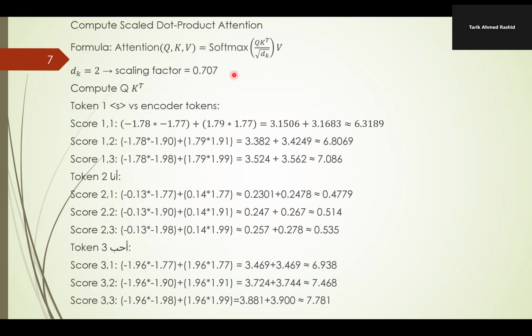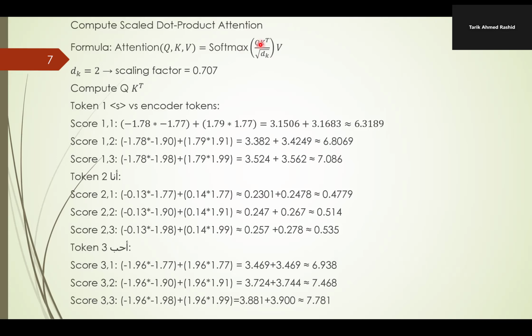Now, after that, we will subject the Q and K transpose, under the scaling factor, which is the square root of 2, to softmax.